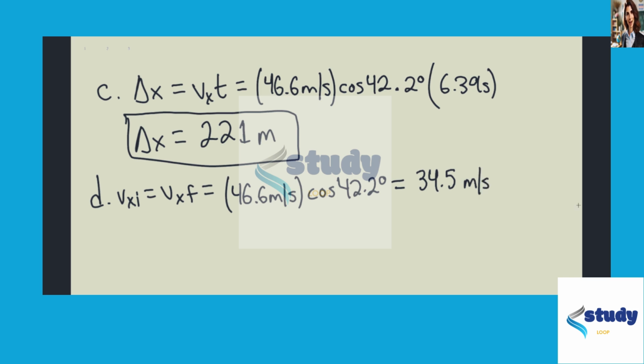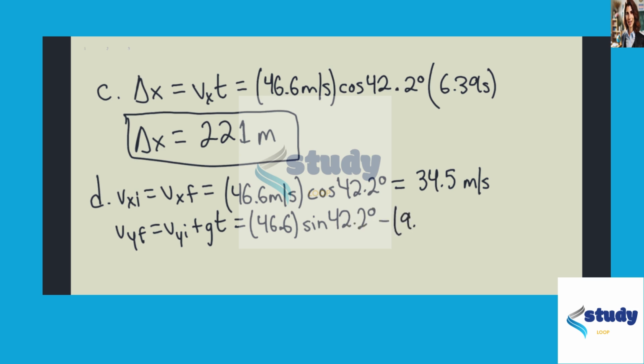And then we can say that Vy final equals Vy initial plus gt. We can say that this is going to equal 46.6 sine of 42.2 degrees minus 9.80 meters per second squared, multiplied by 1.5 seconds.